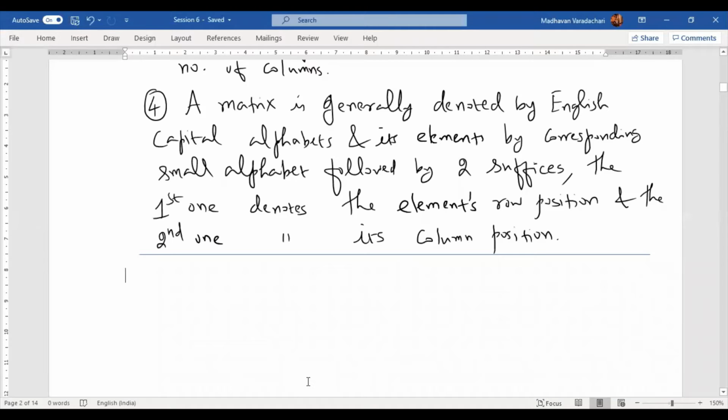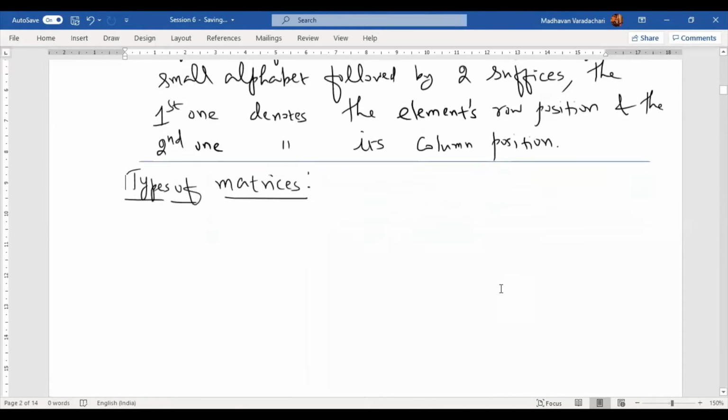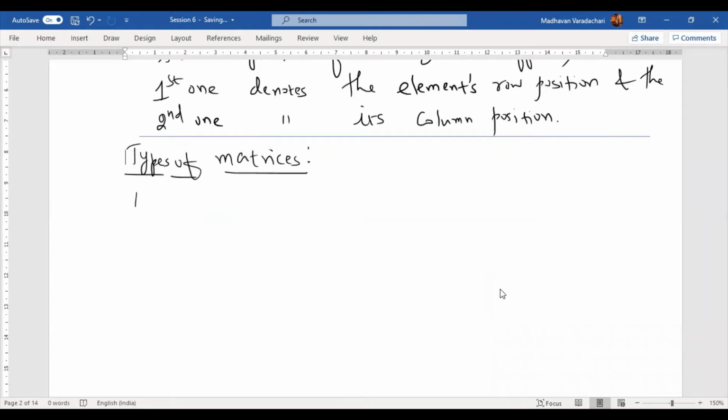The next, types of matrices. What are the different types of matrices? First one, horizontal matrix.